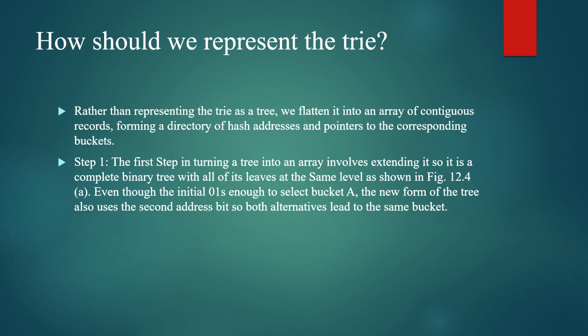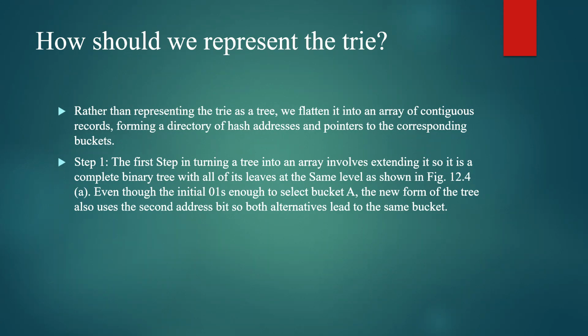So the next question is, how should we represent the trie? Rather than representing the trie as a tree, we flatten it into an array of contiguous records, forming a directory of hash addresses and pointers to corresponding buckets. Step 1.